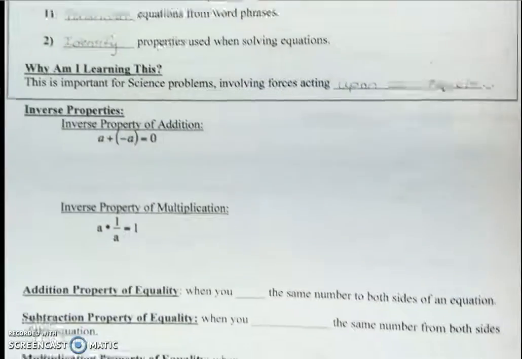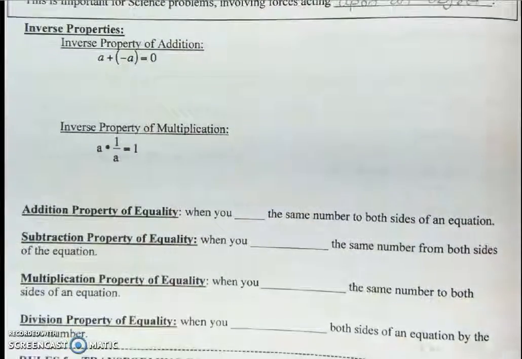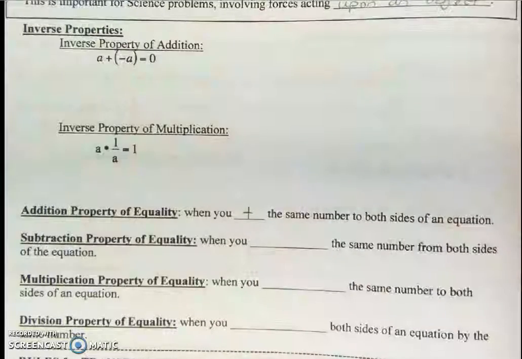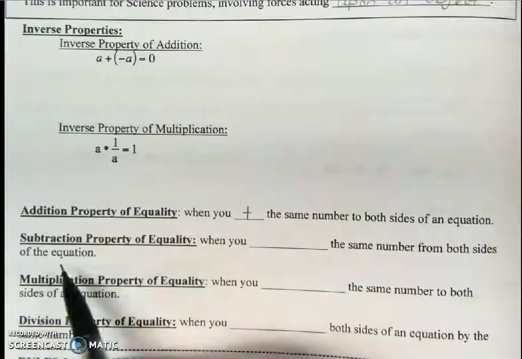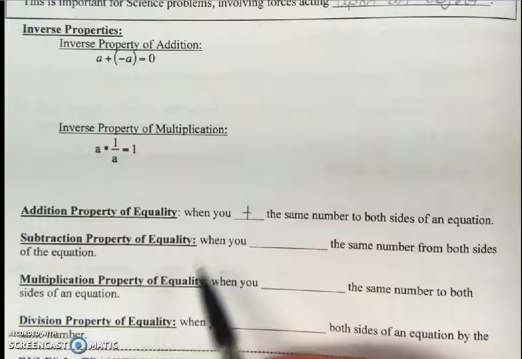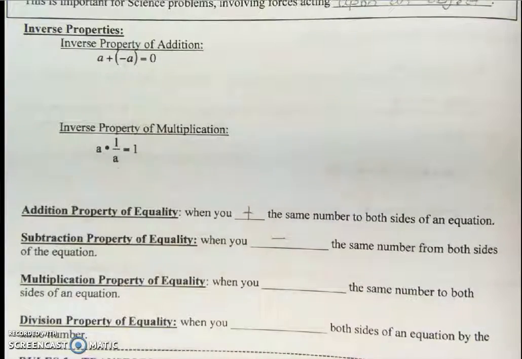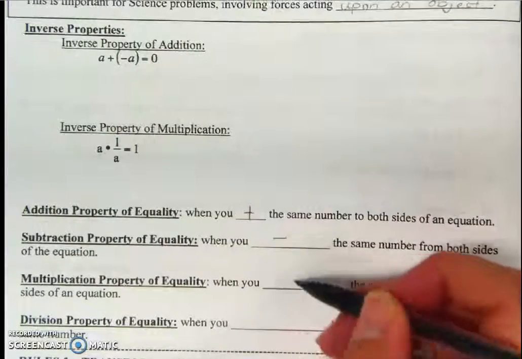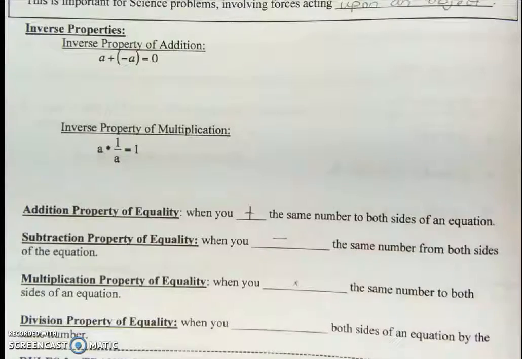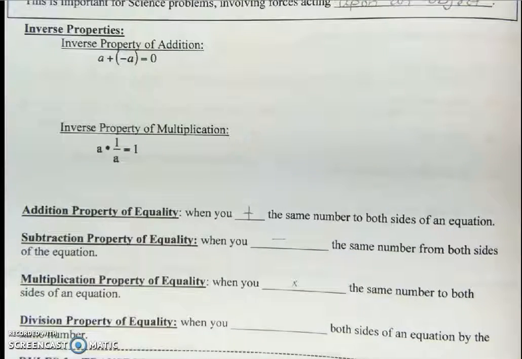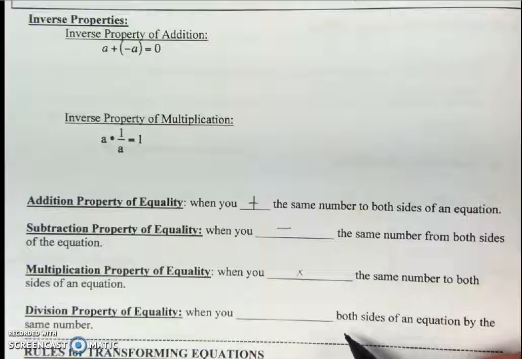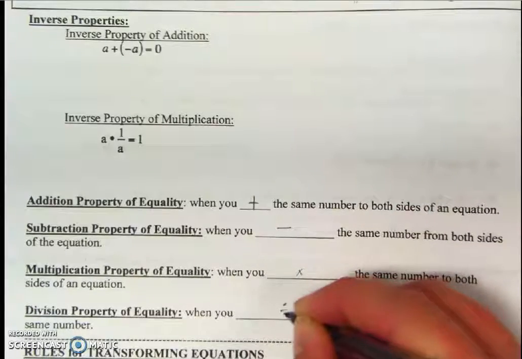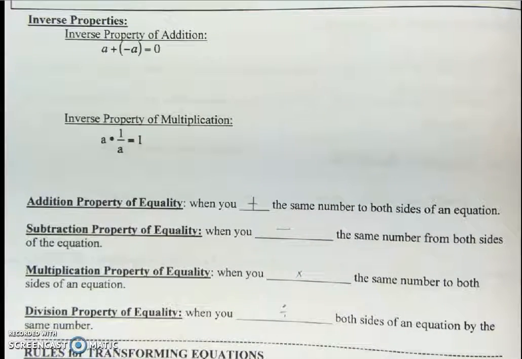All right, the addition property of equality that we just wrote down is when you add the same number to both sides of an equation. Subtraction property of equality is when you subtract. The multiplication property of equality is when you multiply the same thing on both sides, and the division property of equality is when you divide the same thing by both sides.